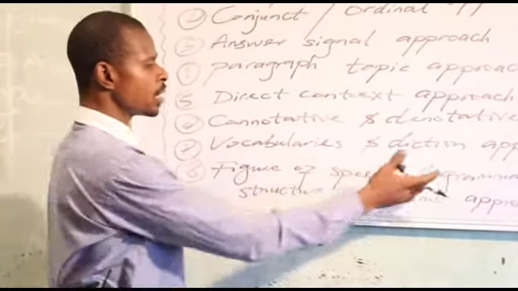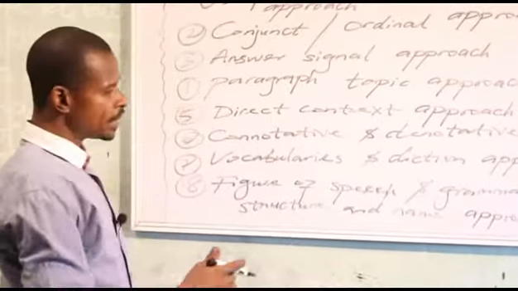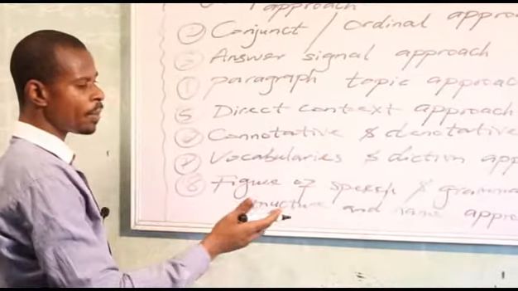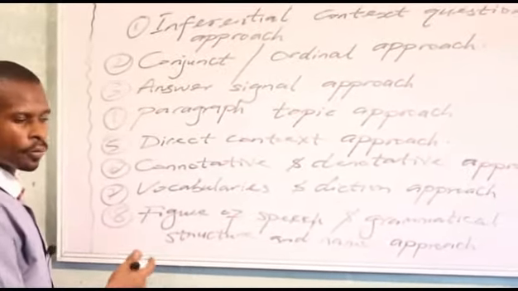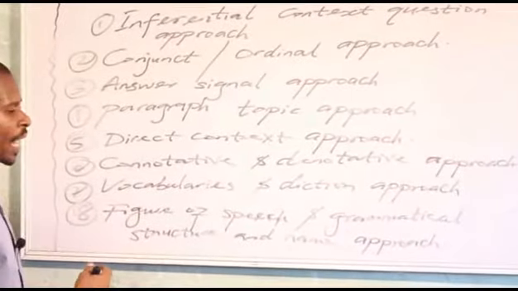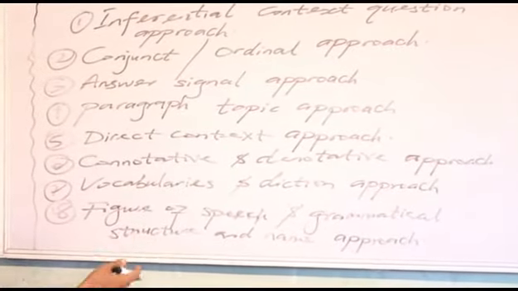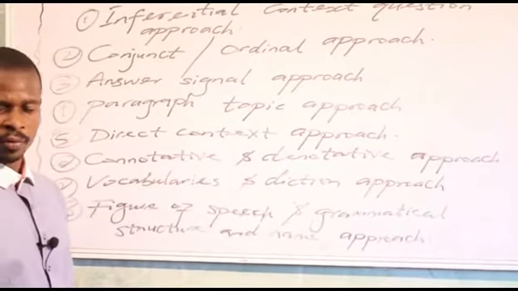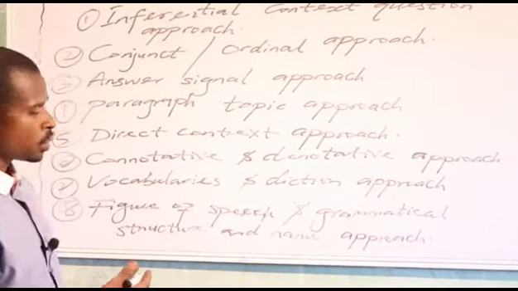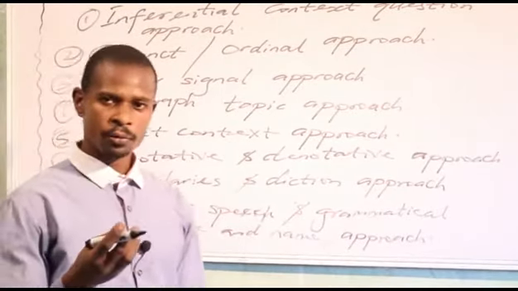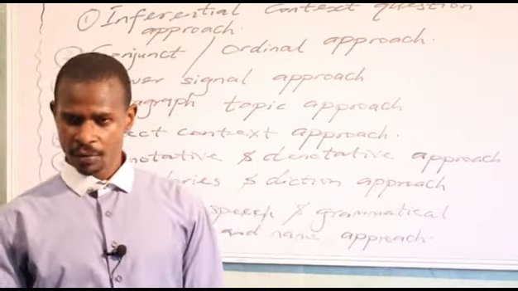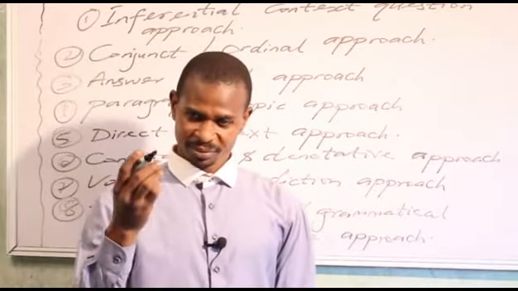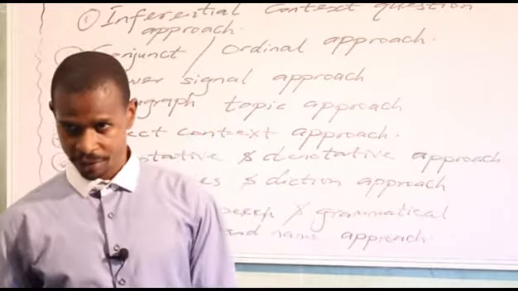Then they will ask you the grammatical name of a particular underlined word, the grammatical structure and name. If you are talking about grammatical structure, we have the noun clause, noun phrase, adverbial phrase, adverbial clause, then adjectival clause, adjectival phrase.